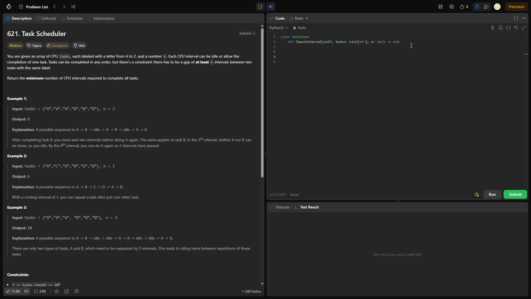There are 2 solutions to this problem: one uses a max heap and another is a greedy approach. I'll show both, just for the sake of covering our bases. The greedy approach is most efficient, but I'll show the max heap approach first.